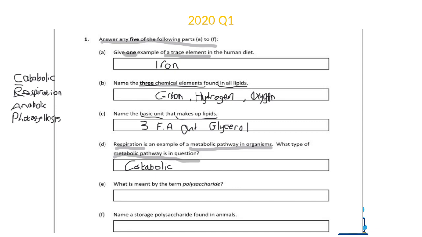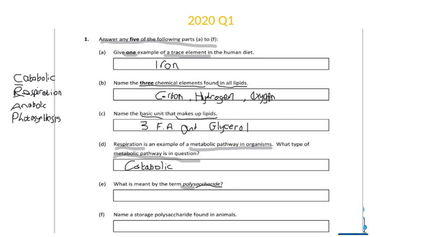What is meant by the term polysaccharide? And again, we're going to underline the question, in particular the word poly. Poly means many in many different contexts in the English language. So when we're talking about poly, we mean many, and a saccharide is a sugar unit. So you would recognize saccharide from monosaccharide, meaning 1 sugar unit, disaccharide, meaning 2 sugar units.